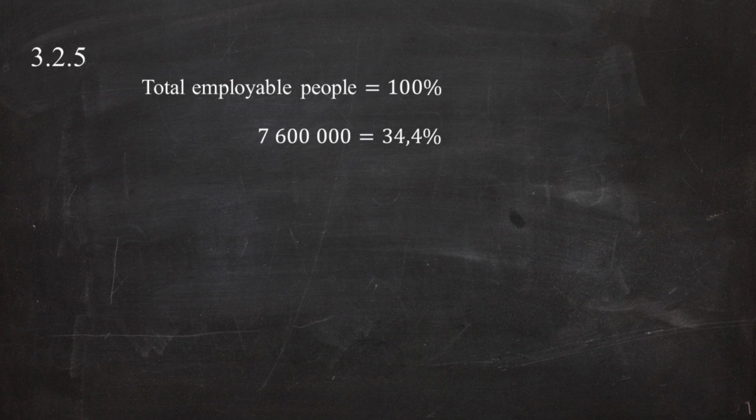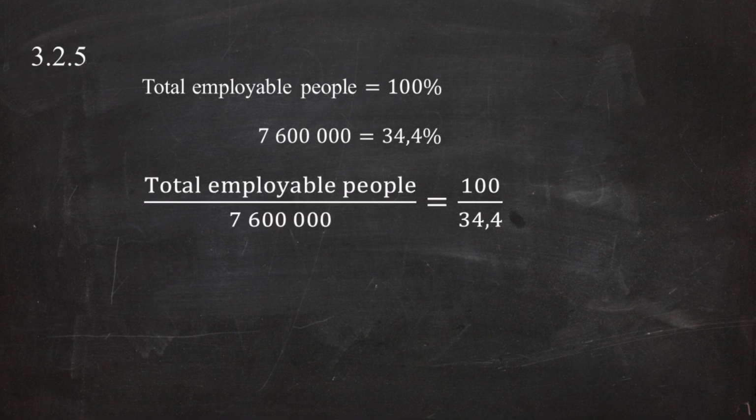To find that value, we will use the information that was given to us, that is 7,600,000 unemployed people equals 34.4%. We can write these ratios in the following way. The total number of employable people over the total unemployed people of 7,600,000 equals the percentage of people that could potentially be employed of 100 over the percentage of people who are unemployed of 34.4%.